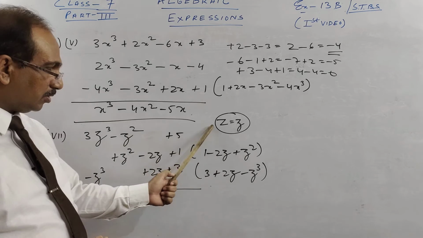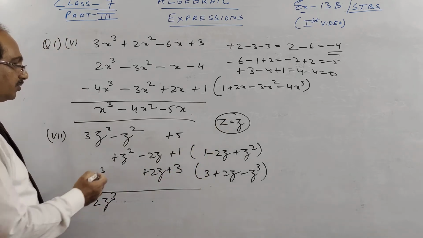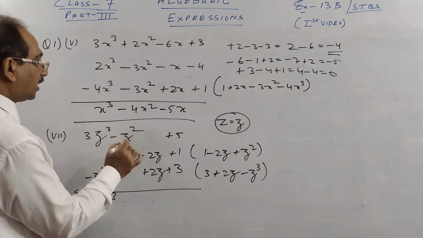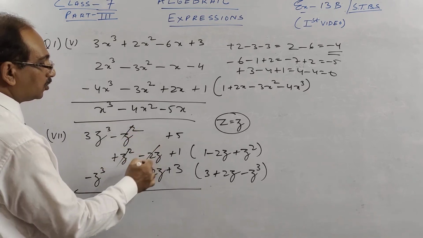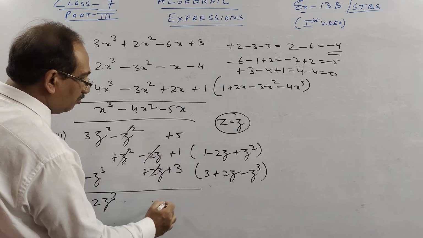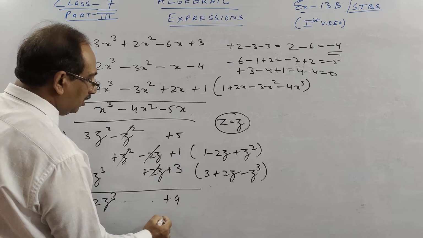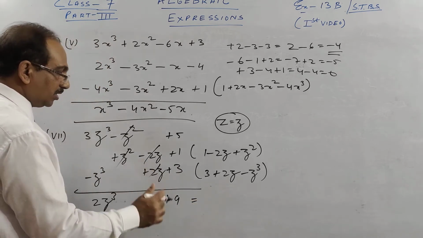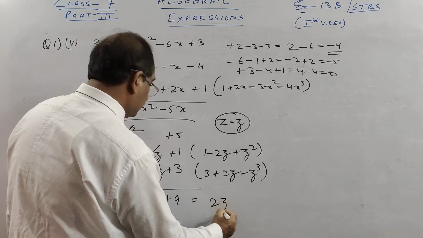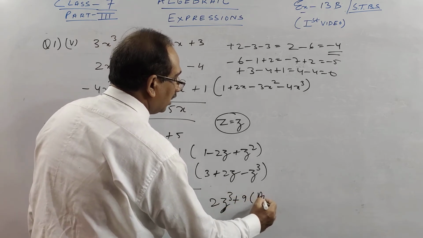So here the chance of making a mistake between 2 and Z is not there. So here they are equal, this will cancel. These are also equal, plus 2 minus 2, plus 1 minus 1. So here if you see numbers, 5 plus 1, 6 plus 3, 9. So finally, children, don't leave so much gap. You write 2Z cube plus 9 is the answer.